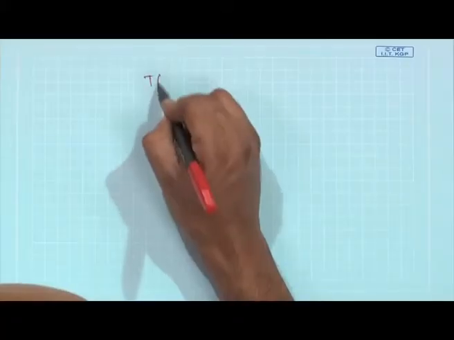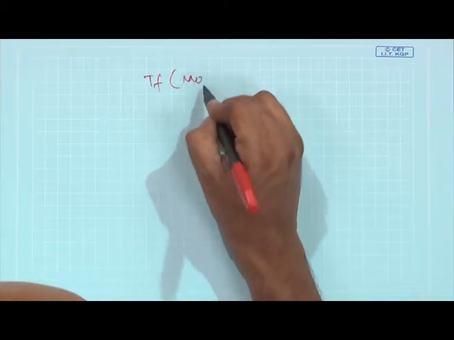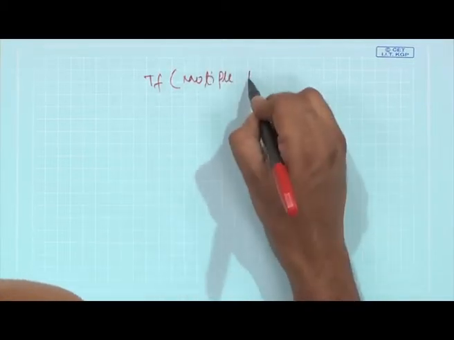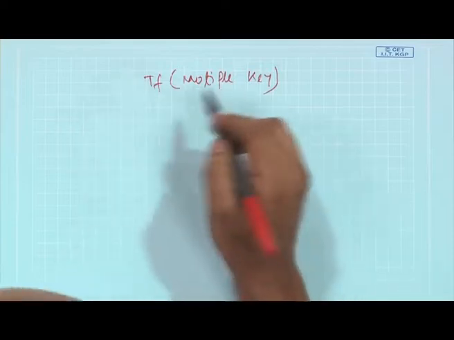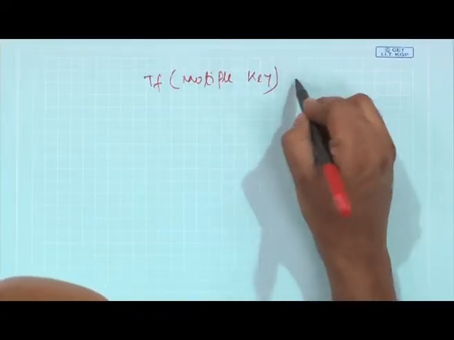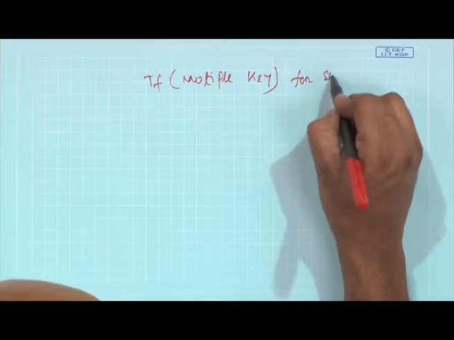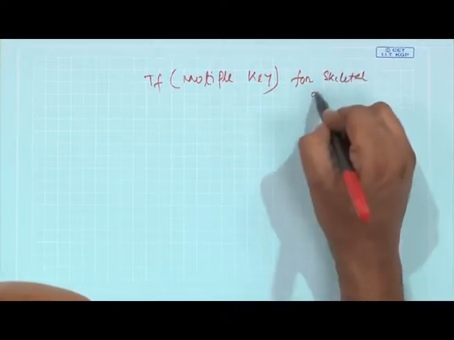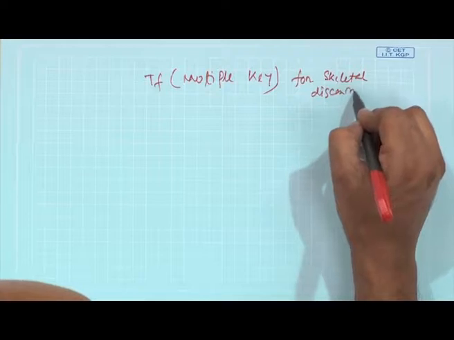So, you have to do it, and once you have done it, you can find that there are two intermediates we are talking about, and particularly the transformation which we are looking at is a combination of several transformations. So, the transformation which we use is based on multiple key transformations for a skeletal disconnection.